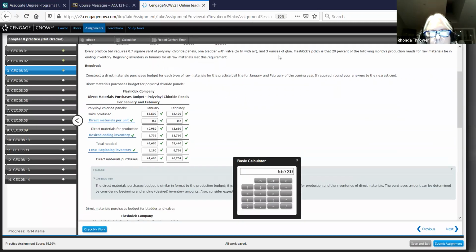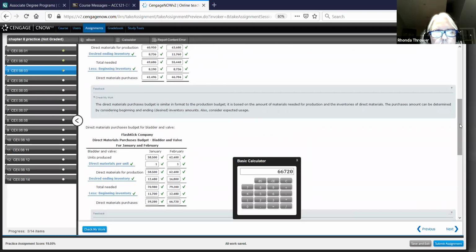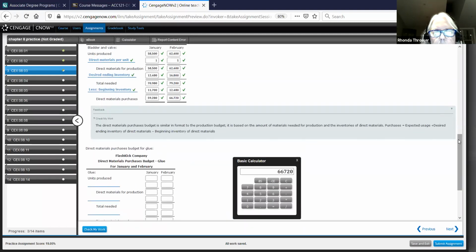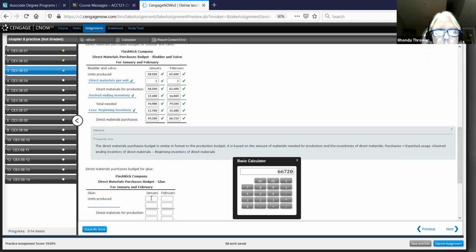And then there are going to be 3 ounces of glue for the next budget. And we started out the same way. We do basically the same thing. The direct materials per unit is 3 ounces.